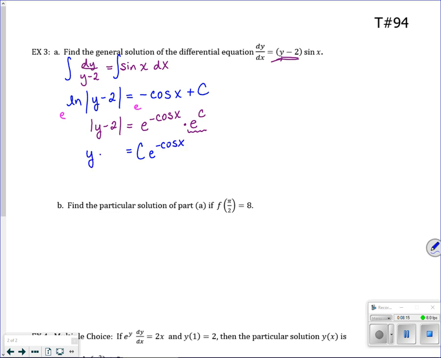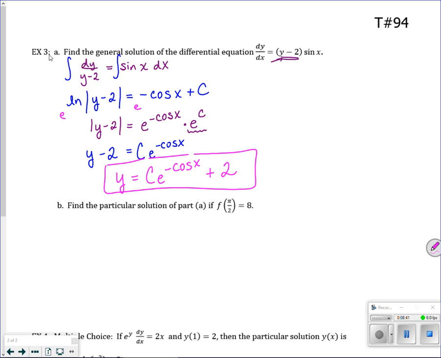This is when I can drop the absolute value. So when I pop that 2 over, my general solution is C e to the negative cosine of x plus 2. And this is my general solution because, again, I haven't solved for C. A general solution has C in there.